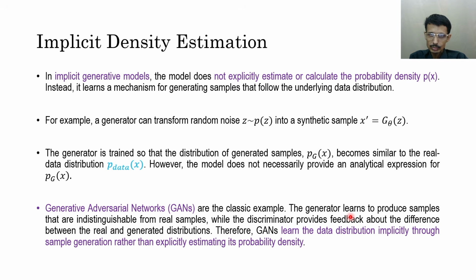So these neural networks are somewhat competitive with each other. The generator is trying to generate samples that the discriminator cannot tell apart, generated or real. On the other hand, the discriminator learns to differentiate between real and generated samples.